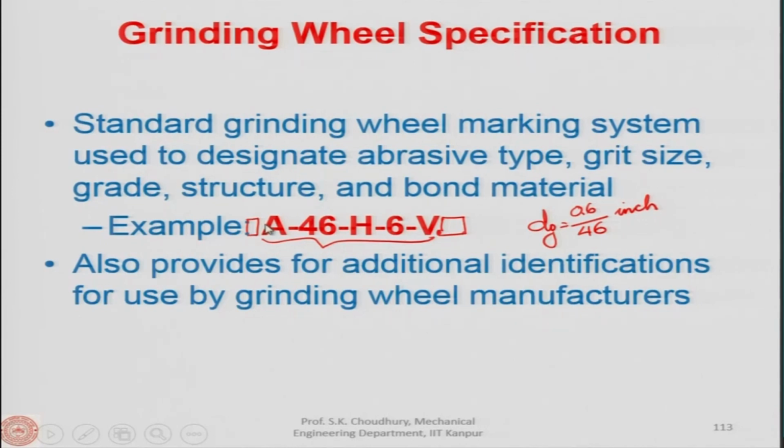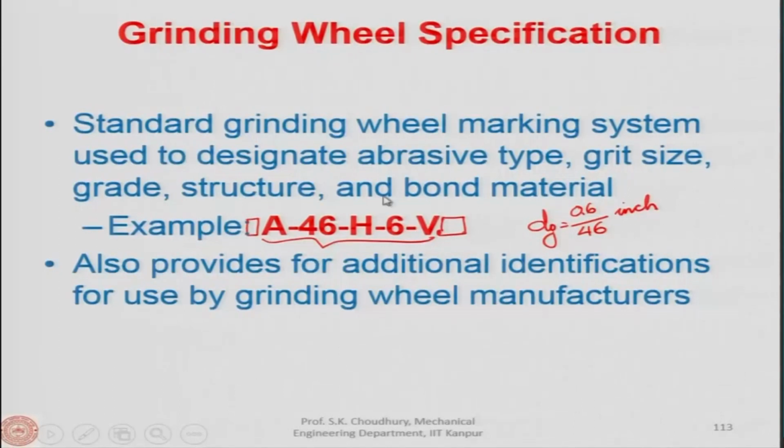Like you must remember what we discussed, the turning tool nomenclature. There we had 6 angles and the tool nose radius. By 7 parameters we were defining the type of tool we are using.